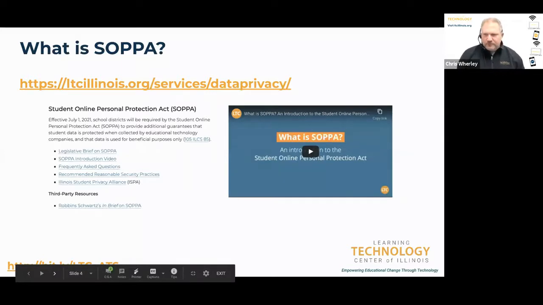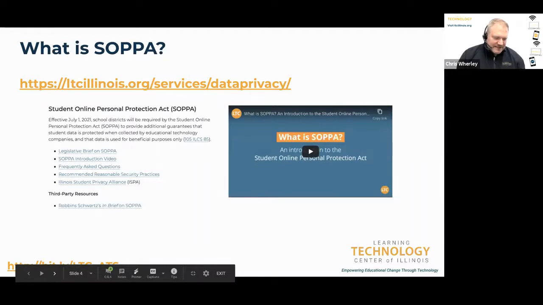That's something we've all been trying to do all along, but with continued emphasis. And then the website for the Student Privacy Alliance is another resource that I'll share with you later, that has pretty much all things SOPPA and things that we need to be aware of.